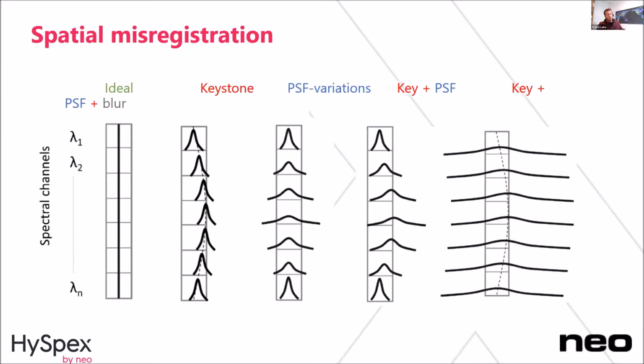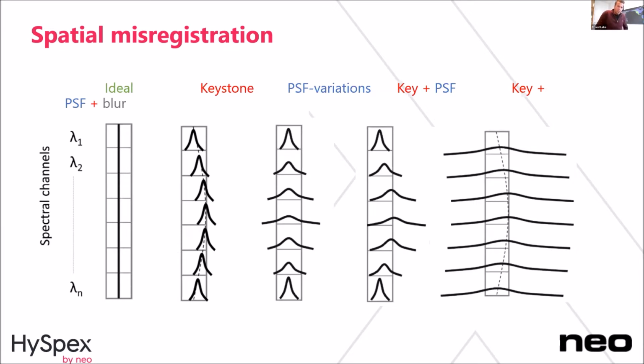So let's go first into spatial misregistration. As I said in the beginning, for a push-broom camera, you are spreading out the spectral content of the light in one dimension of the detector, and on the other you have the spatial dimension. So spatial misregistration means that you have different spatial sampling for different bands.